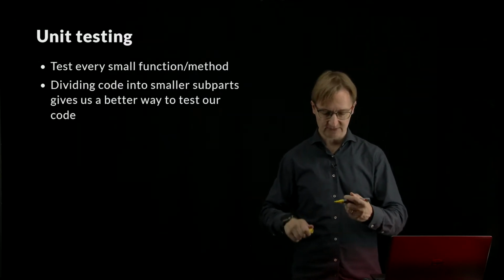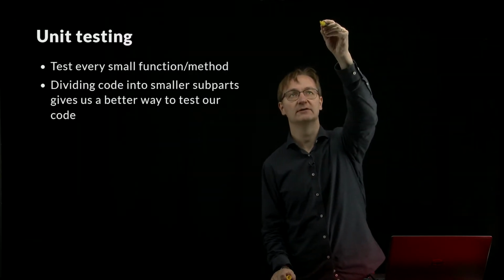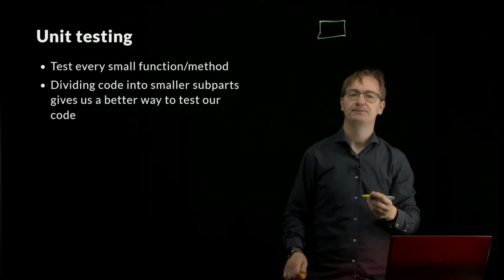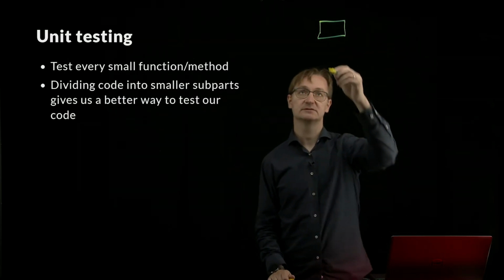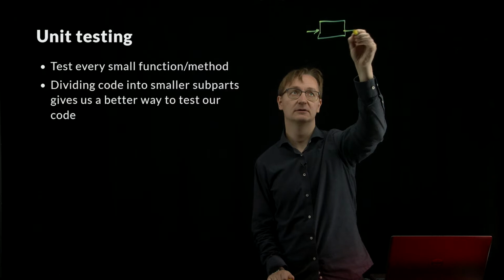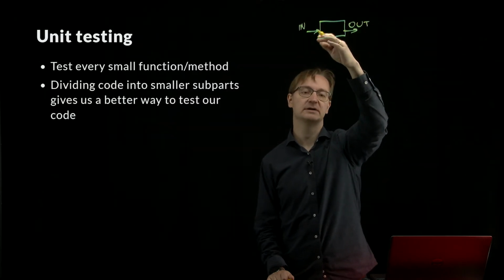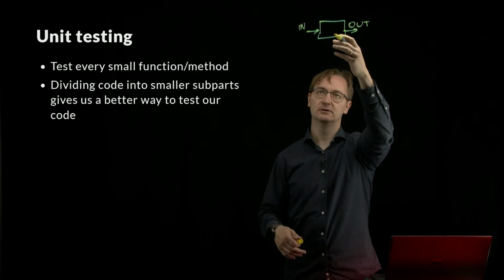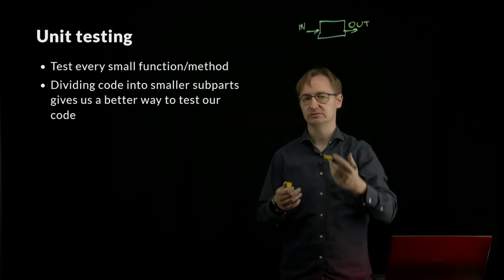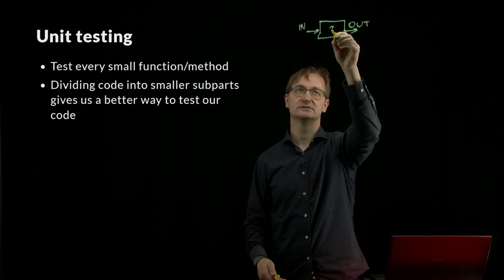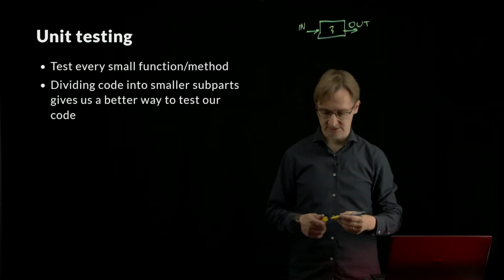So let's say we have a function, or an application or system here, and as we have said, usually we have some input and some output. It can be our whole application, but it can also be a smaller function. Basically there is something in, something to be done, and then there is an output.